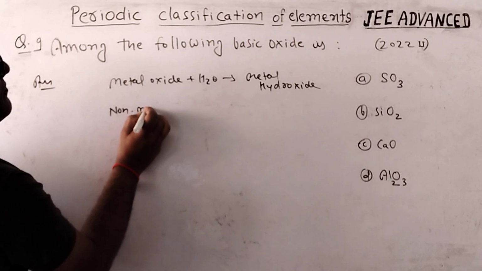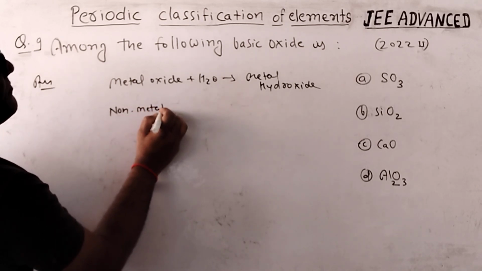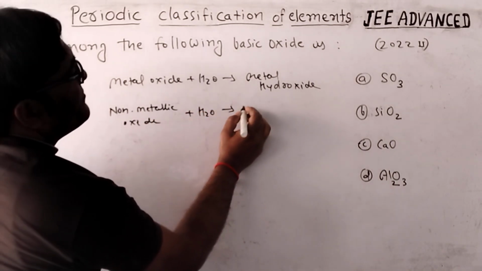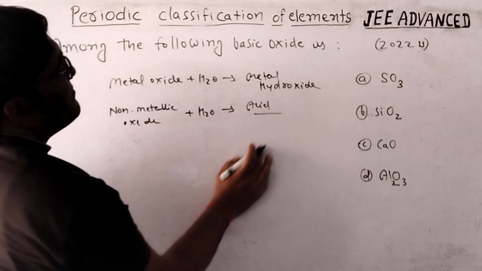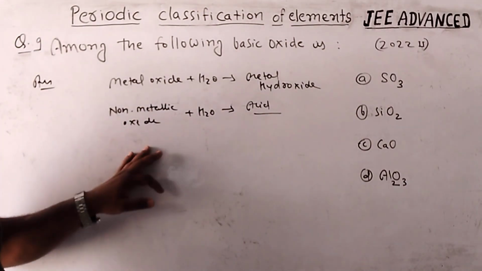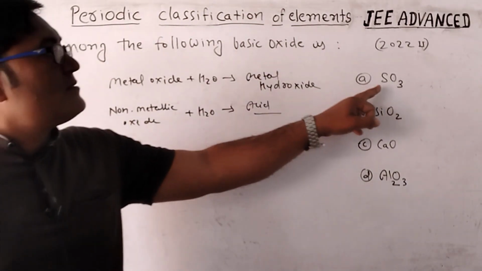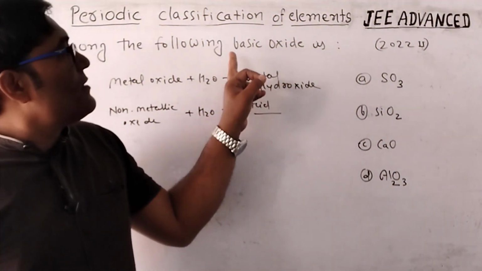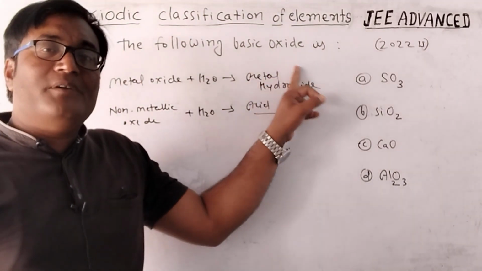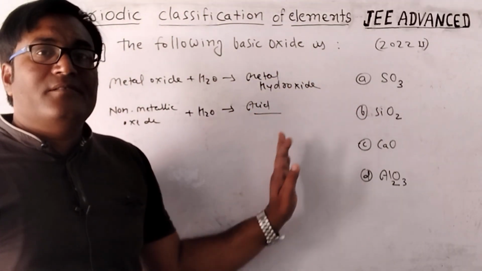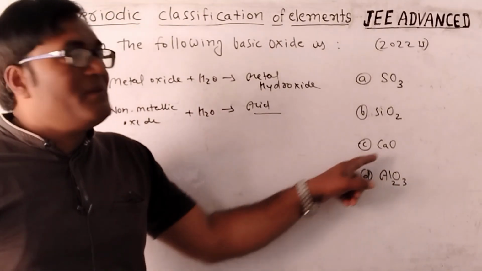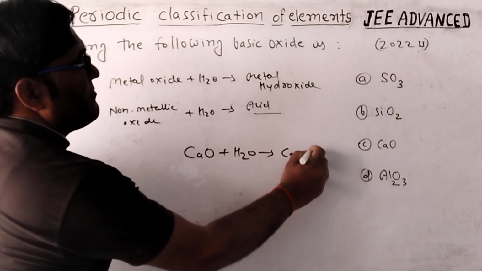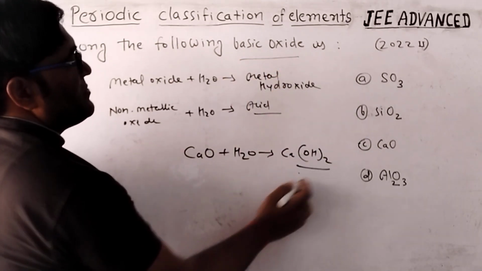Whenever a non-metallic oxide reacts with water, an acid is prepared. Now according to this formula, the first option, sulfur, is a non-metal oxide. After reacting with water, acid is prepared. Due to the requirement of a basic oxide, silicon oxide does not give a basic oxide. Calcium is a metal oxide, so whenever calcium oxide reacts with water, calcium hydroxide, a basic oxide, is prepared. So option C is correct.